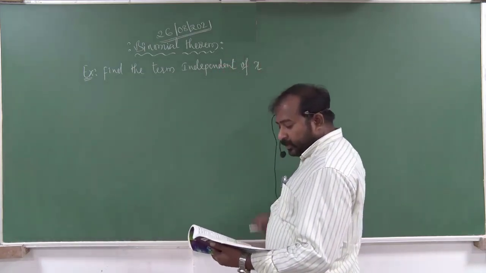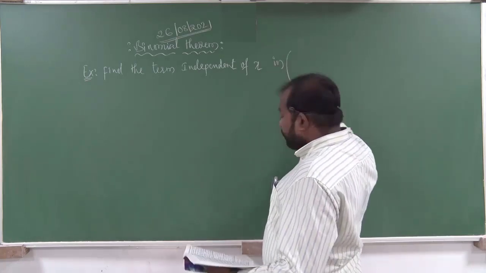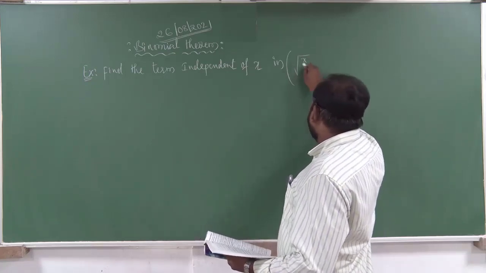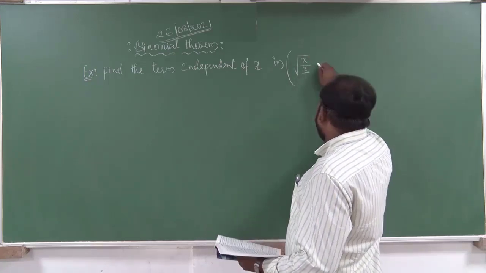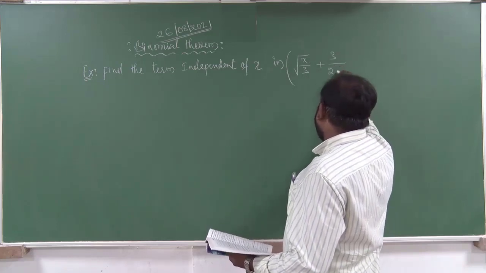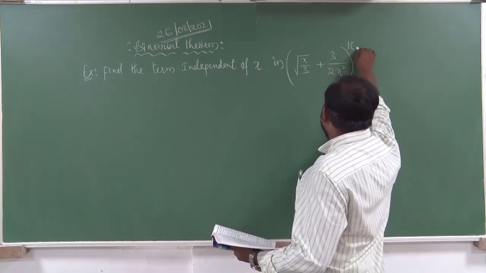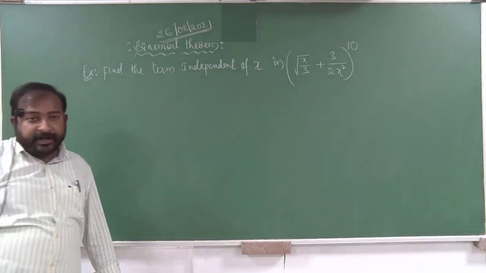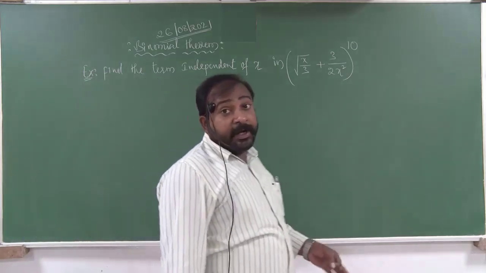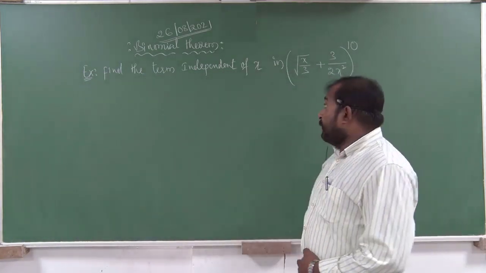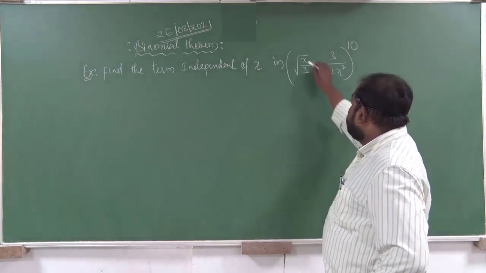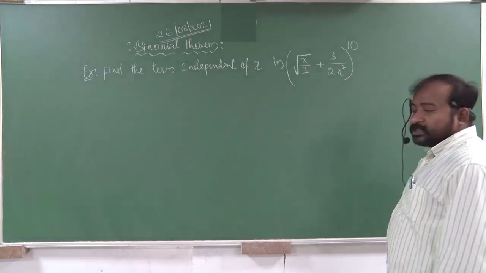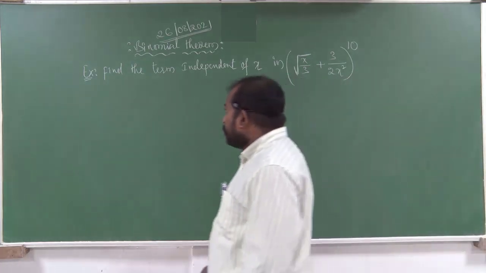Find the term independent of x in the expansion of (root of x by 3 plus 3 by 2x square) whole power 10. This is one more example. Find the term independent of x in the expansion of root of x by 3 plus 3 by 2x square whole power 10. Listen.